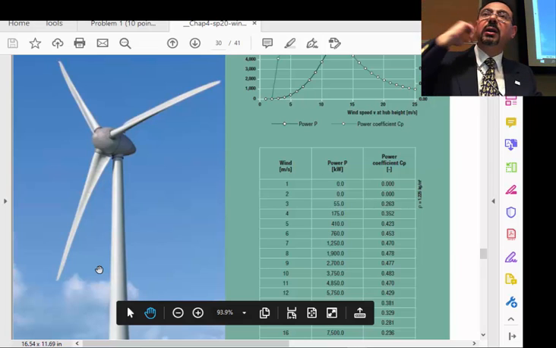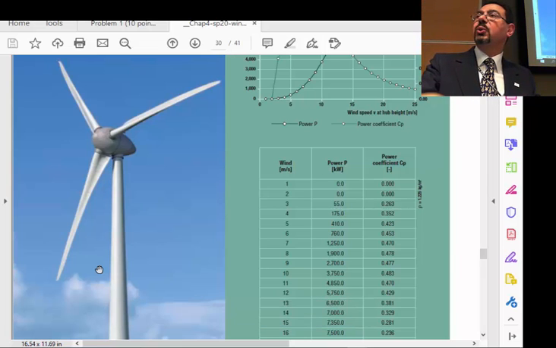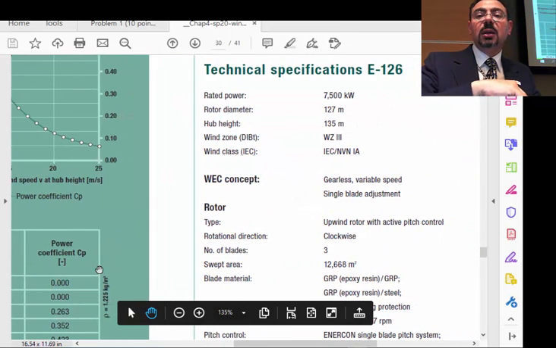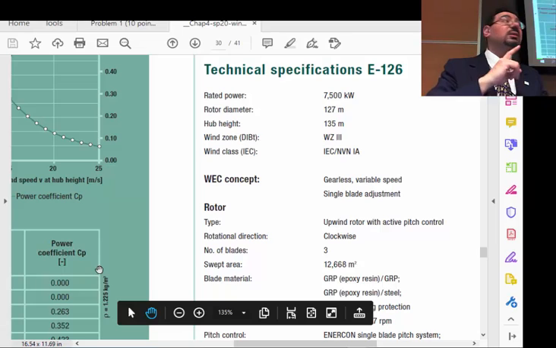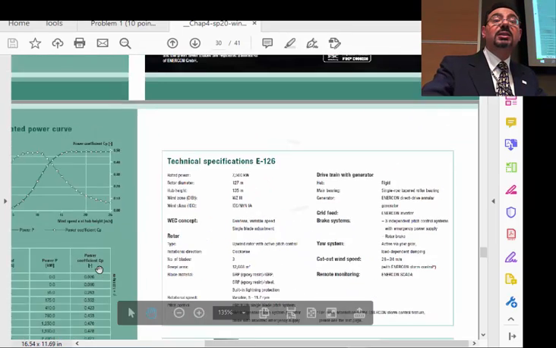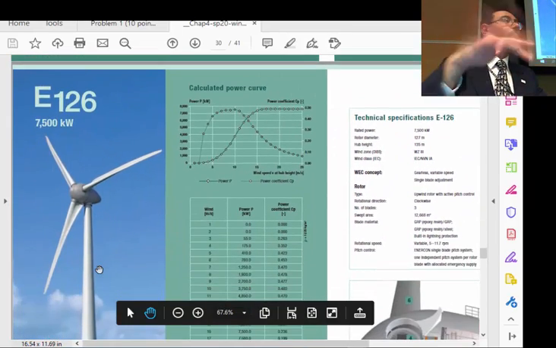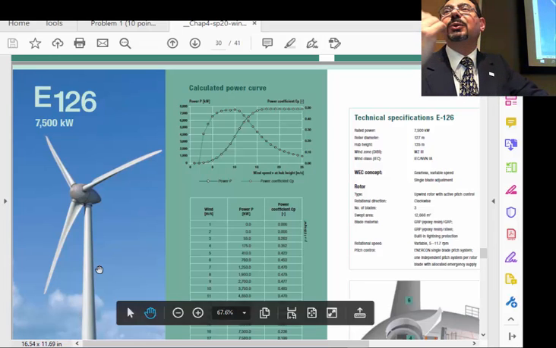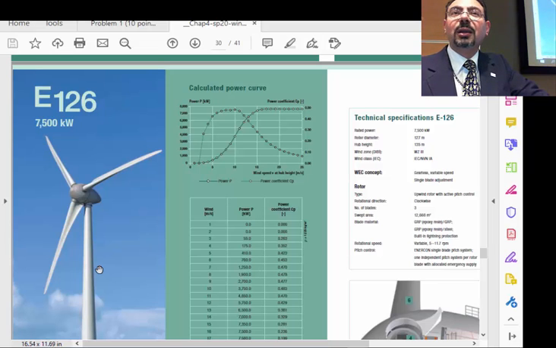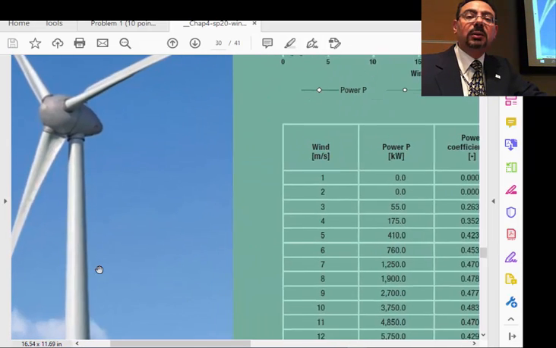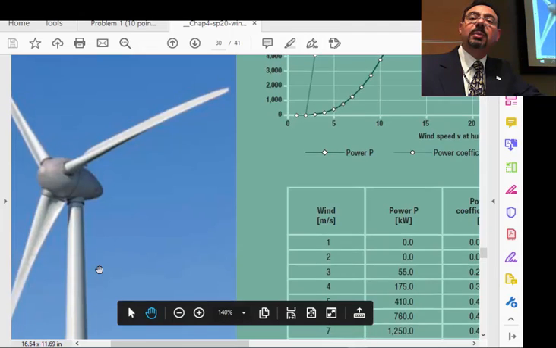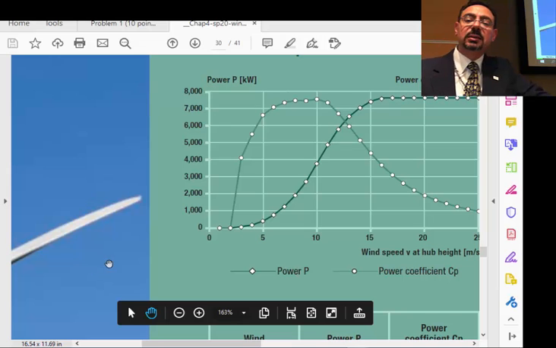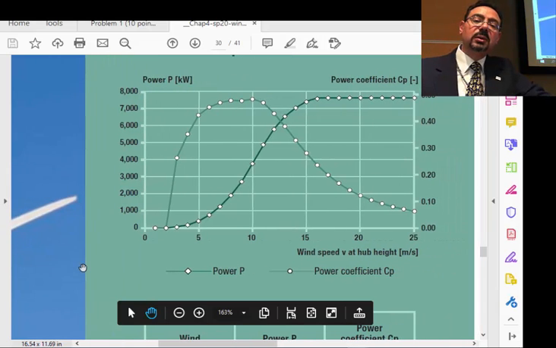Rho is 1.2 for air. A is pi r square, and what is the R? The rotor diameter is 127 meter. So pi over 4 d square, it's pi over 4 multiplied by 127 square. So we got huge power input even at 2 meter per second, but the power output is 0, and therefore the CP is 0.